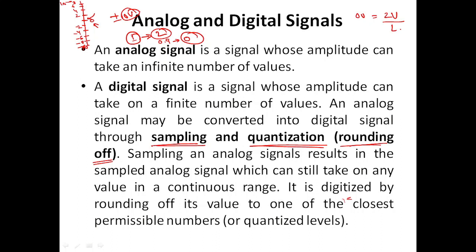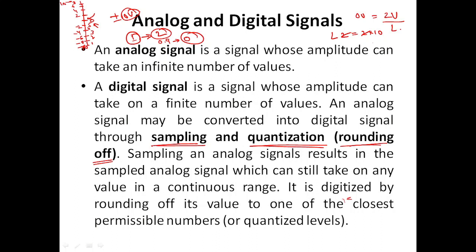So delta V we already know, it is 2, equals 2 into 10 by L. So L is equal to 10. So you see we will be having 10 intervals, 1, 2, 3, 4, 5, and on the upper side also we will be having 5. So we are having 10 intervals.